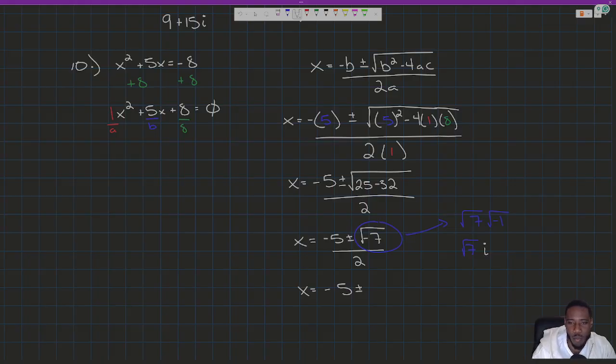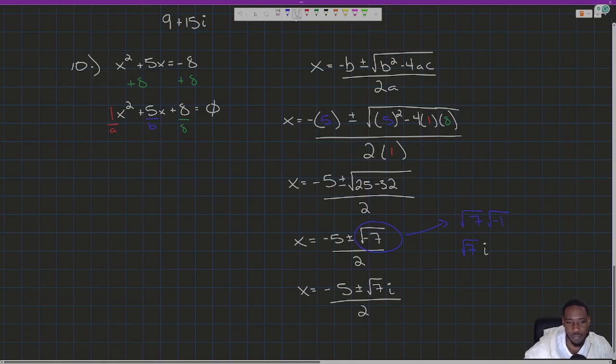So if we wanted to write it one more way, simply put, we could turn it into root 7 i, and that's all over 2. And that is our answer.